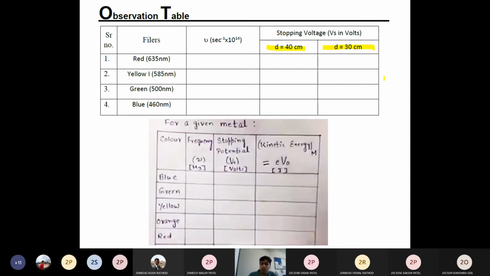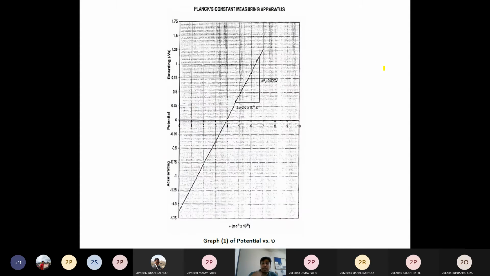So yes, we can add one more column here. Based on that, it shows that on increasing the potential, it gives a linear nature in the stopping potential.